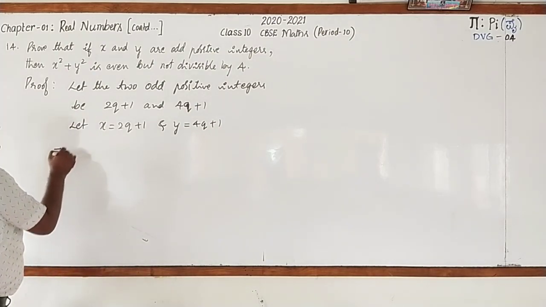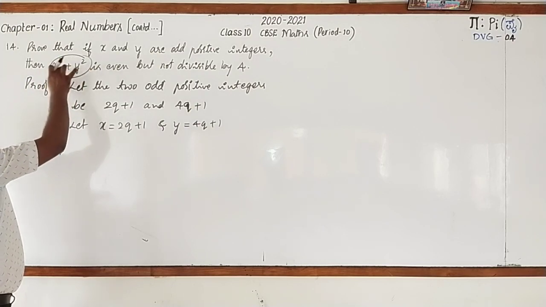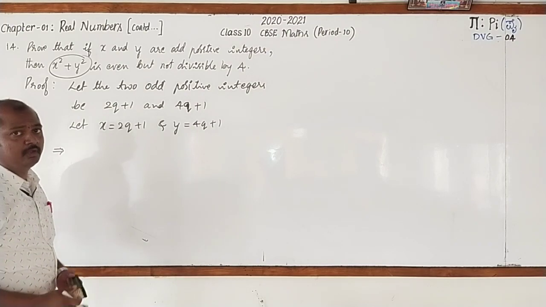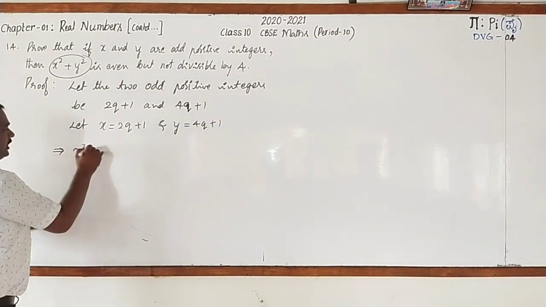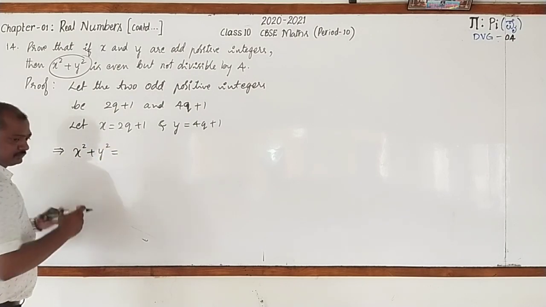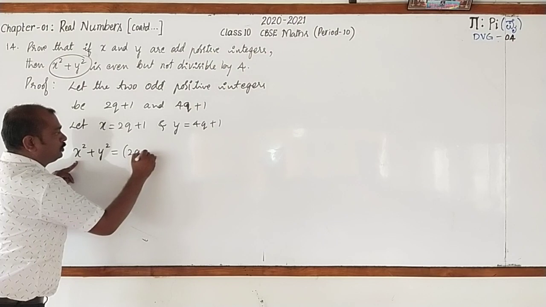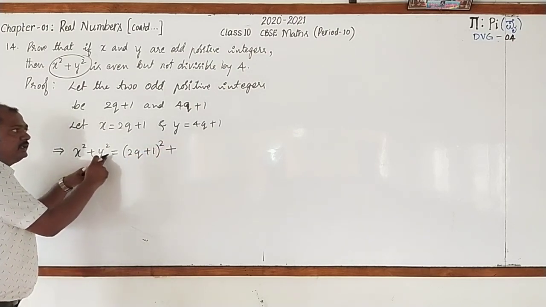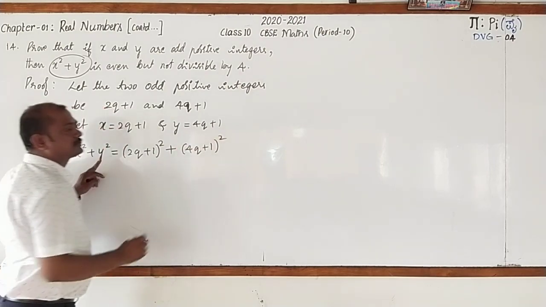Next, let us take the given statement to be proved: x square plus y square is even but not divisible by 4. Here I'll write x square plus y square. X is (2q plus 1) whole square, and y is (4q plus 1) whole square.